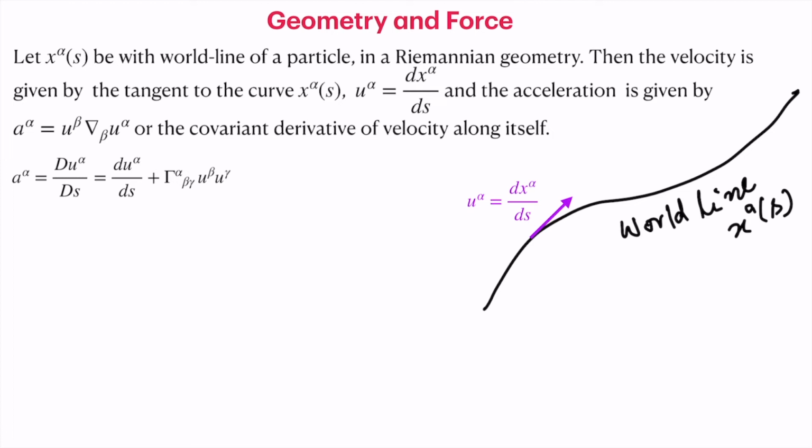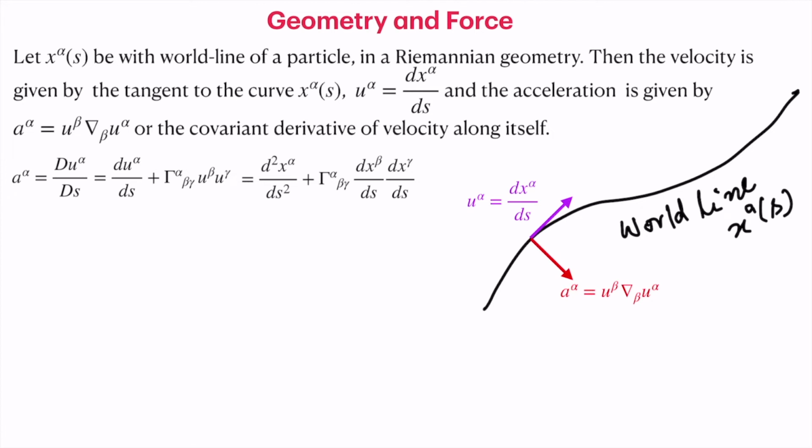The resulting expression can be written as du^α/ds plus Γ^α_βγ u^β u^γ. So this is basically acceleration, and we can again explicitly write it in terms of the coordinates of the world line, that is d²x^α/ds² plus Γ^α_βγ dx^β/ds dx^γ/ds. That is the acceleration of a particle.